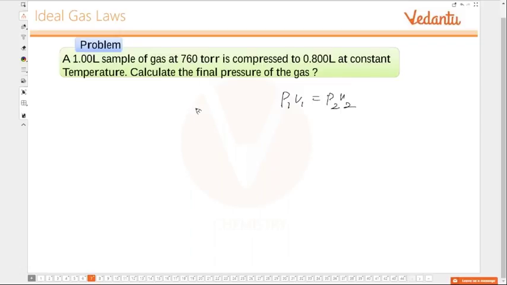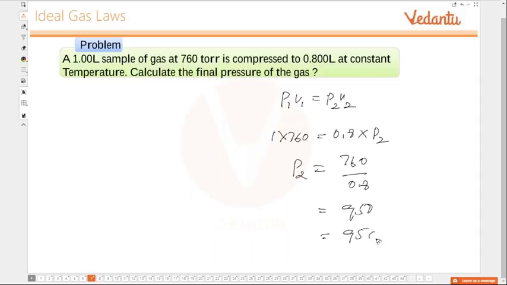So if you do it, P1 V1, so 1 into 760 is equal to 0.8 into P2. 760 divided by 0.8 is 950 torr, or 95 centimeter, whichever way you want to calculate it.